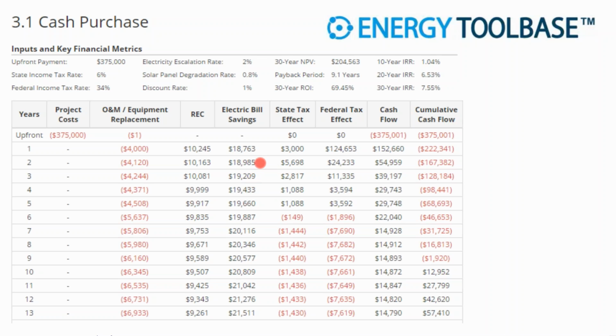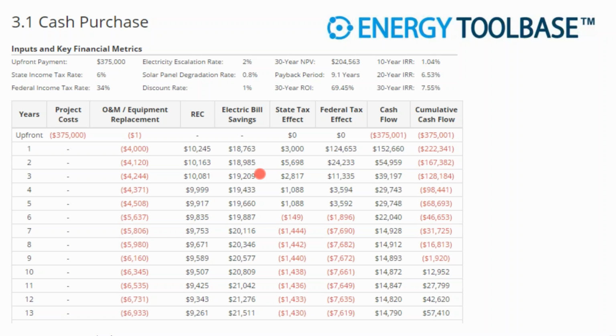You save $20,000 a year on your electric bill. You're paying taxes on $20,000 a year more in profit. And so that is where depreciation balances out. Depreciation is not a real incentive in the sense that it's a post-tax deduction.